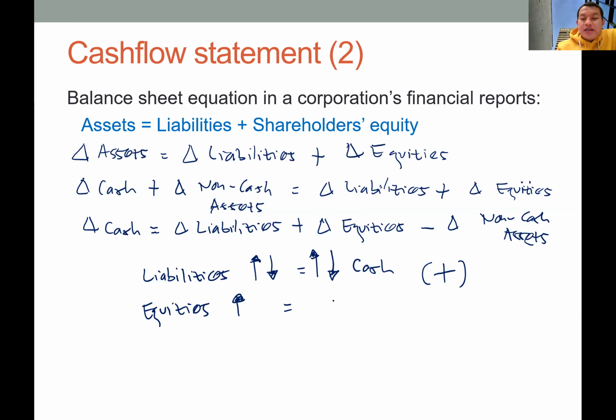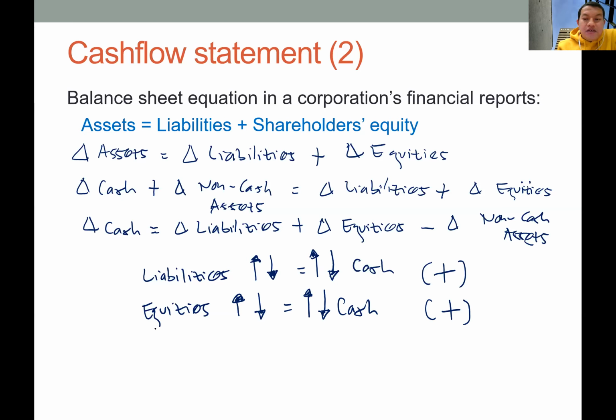So we should expect that the cash will also increase because they will receive cash from the payment of these new shares. And if the equities are decreasing, it means the company used the cash to buy back their shares from the market, then the cash should be decreasing as well. So another positive relationship between equities and cash.